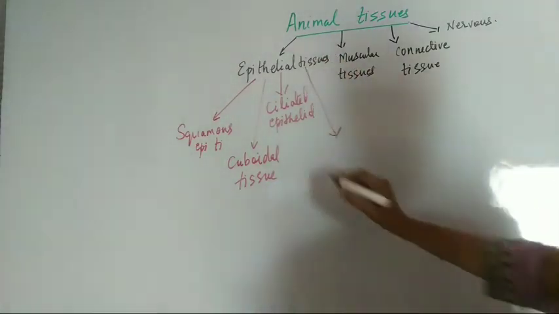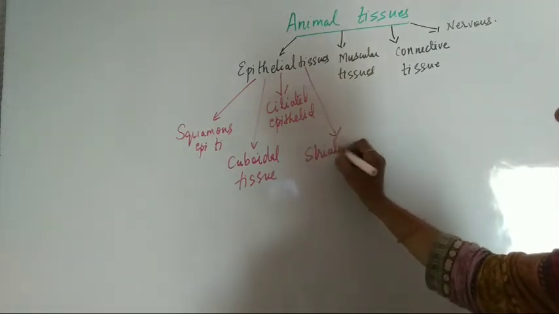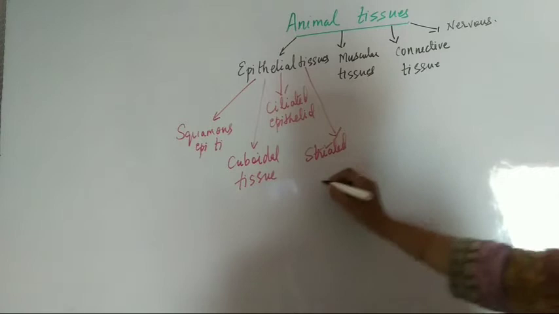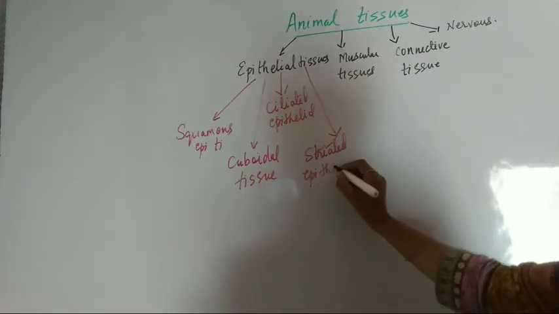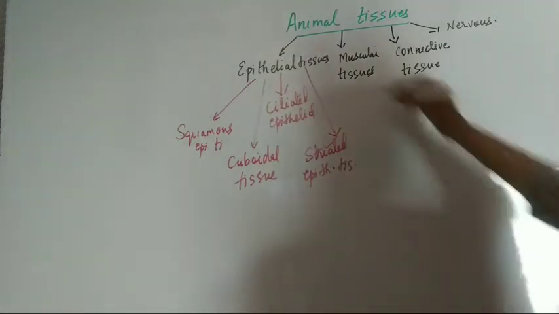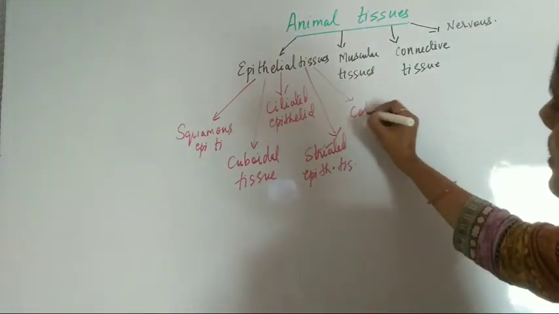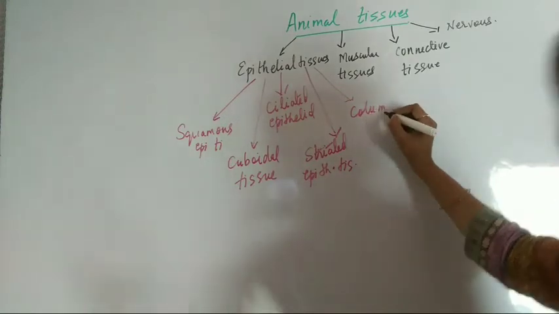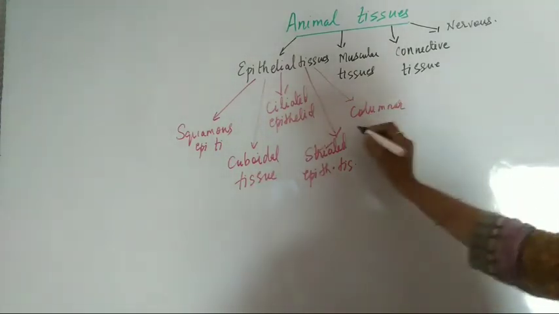Next is striated epithelial tissue. And columnar tissue, its shape is like a pillar.